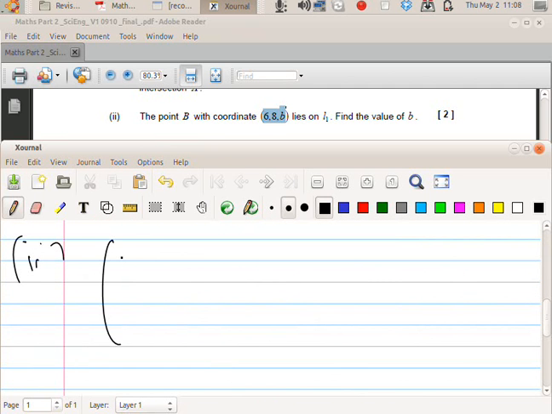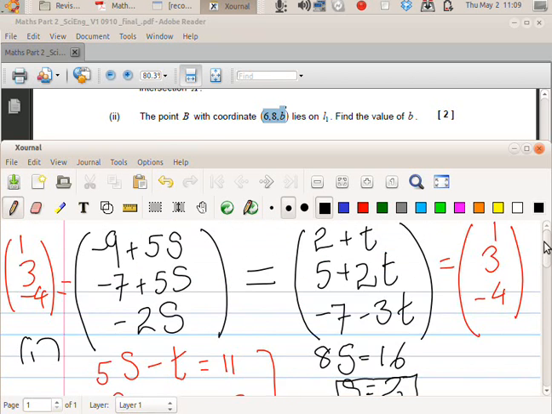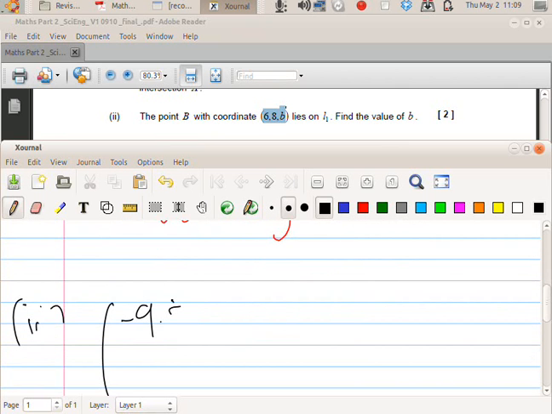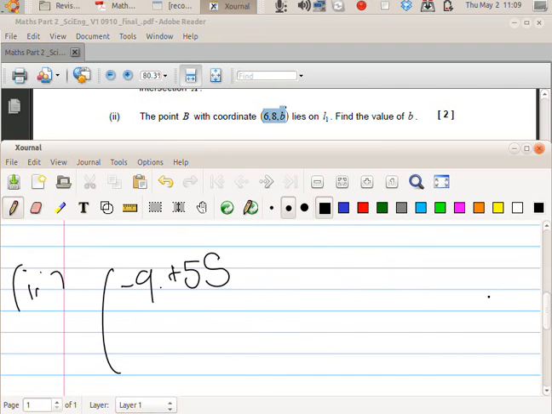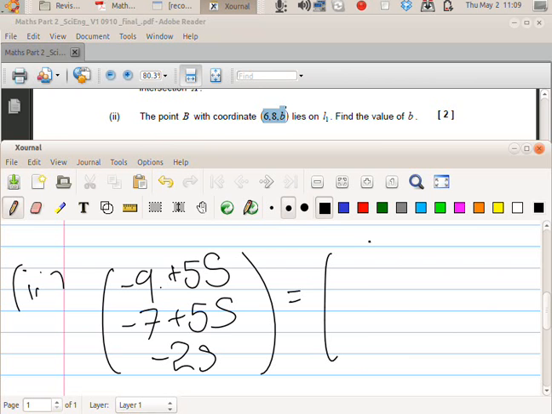It's minus 9 plus 5s, minus 7 plus 5s, minus 2s. We can't use 1, 3, 4, that's just where they meet. And that should equal 6, 8, and B.